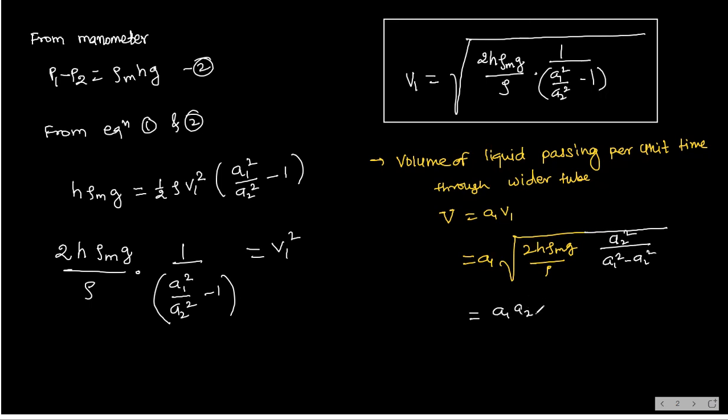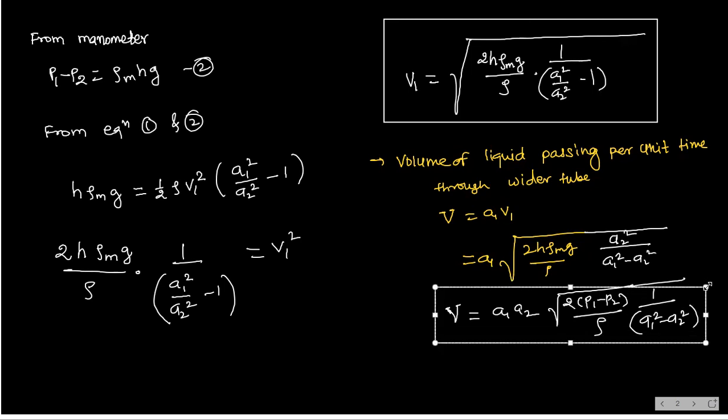So A1 and A2 under root of, this h rho m g, shall I write P1 minus P2? So 2 into P1 minus P2 divided by rho, and into 1 by A1 square minus A2 square. Yes, no? This is the volume of the liquid passing through the narrow end of the pipe. Any doubt, please ask.